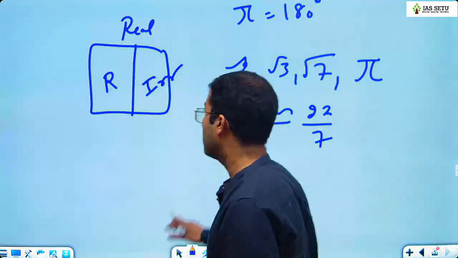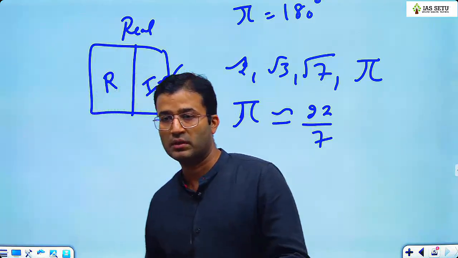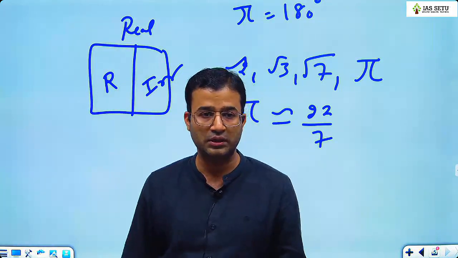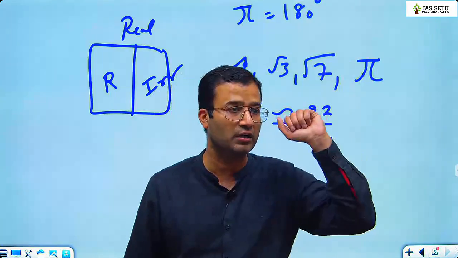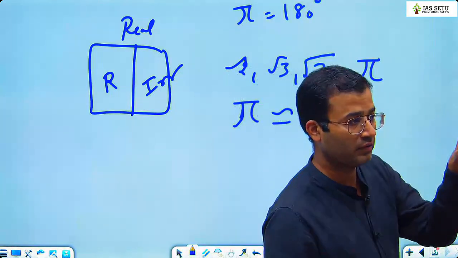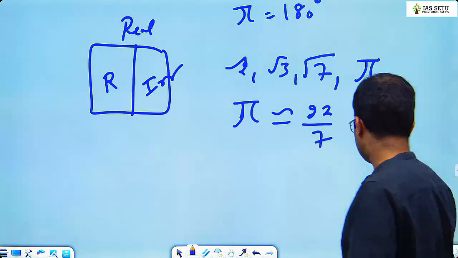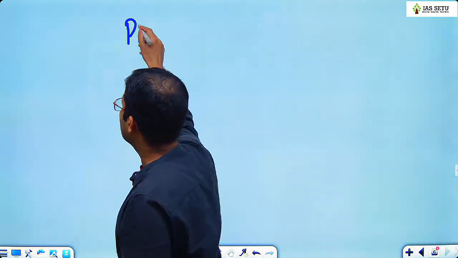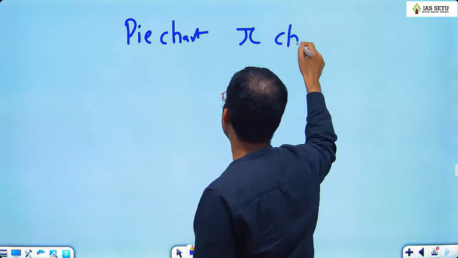See here, in school days you might have studied the statistics part. Statistics पढ़ा होगा. If by mistake you attended those classes, जिसने की होगी टेबल, बार ग्राफ, पाई चार्ट. ठीक है. Here, either you call this pie chart, या इसको ये भी बोल सकते हो पाई चार्ट.